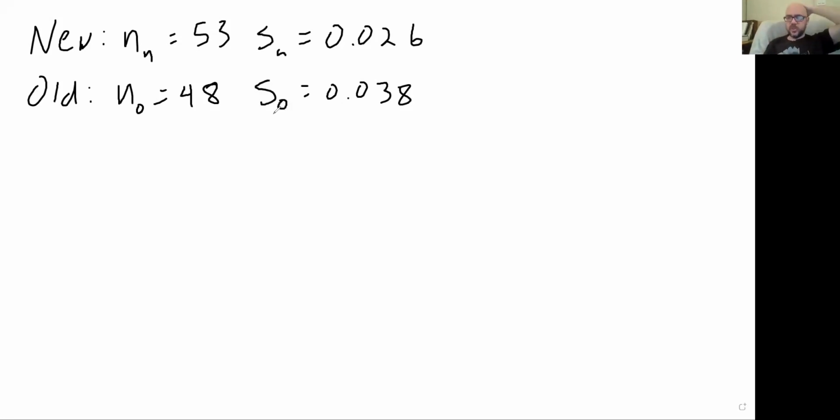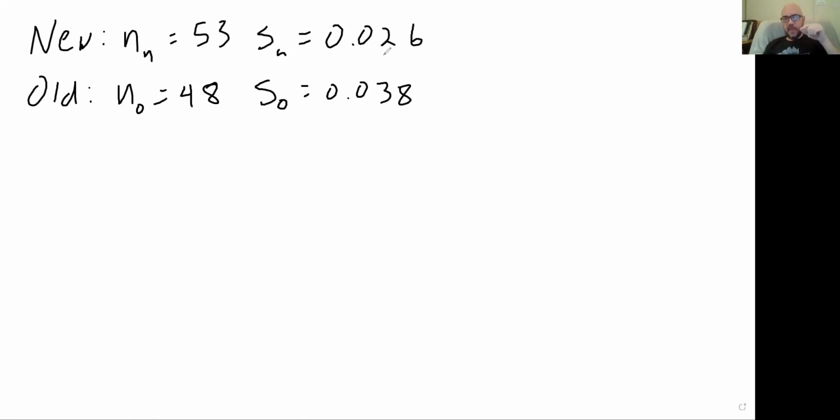So I'm going to use subscripts to identify what my standard deviation and sample size are. The sample size is where I'm going to get my degrees of freedom from, right? My degrees of freedom on the new machine is going to be 52, and on the old machine is going to be 47.